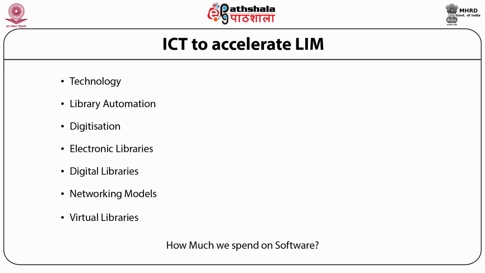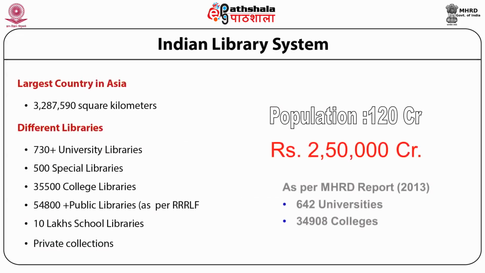Now, how much do we spend on software? A very shocking figure if you go for all proprietary. Let us take the Indian library system, a vast country which has so many libraries. I have listed some libraries. I assume that every university must have a library.